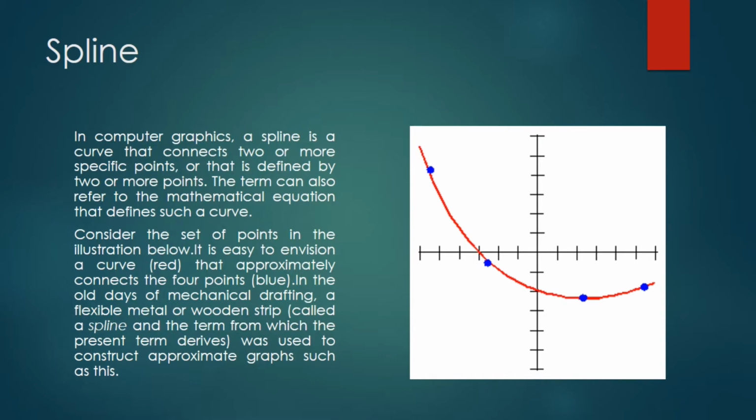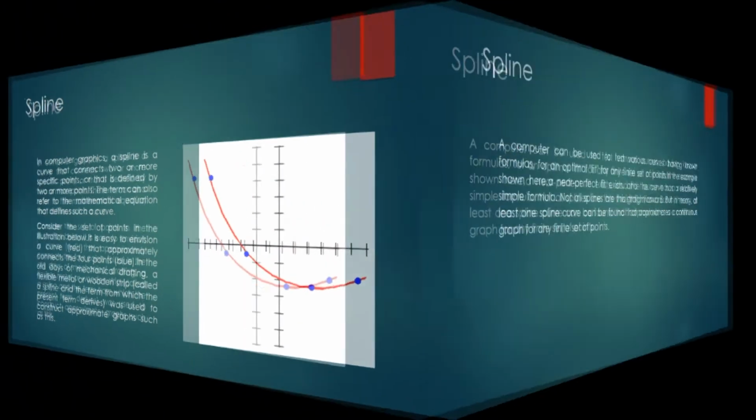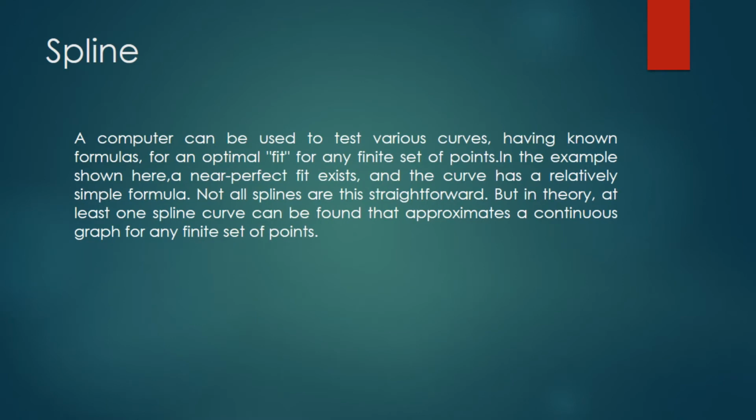In the old days of mechanical drafting, a flexible metal or wooden strip called a spline, the term from which the present term is derived, was used to construct approximate graphs such as this. A computer can be used to test various curves having known formulas for an optimal fit for any finite set of points.